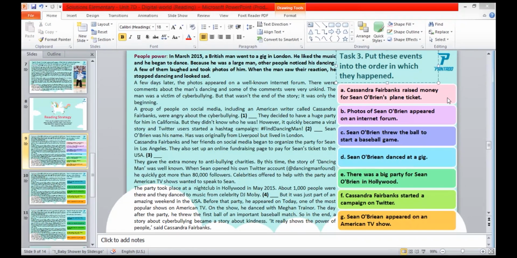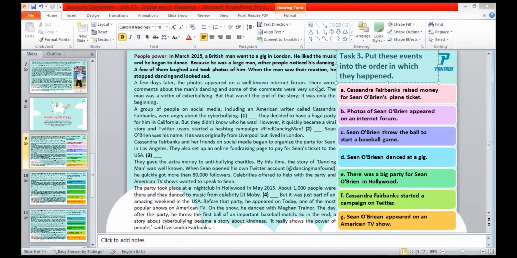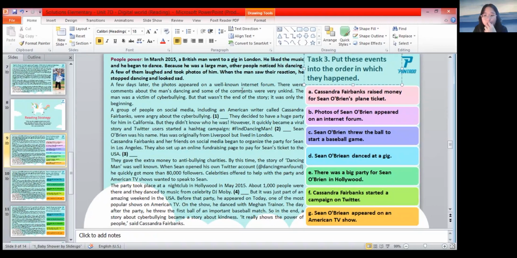The first event is D. Sean O'Brien danced at a gig. A British man went to a gig and he began to dance. Okay, so that was the first one. Good.